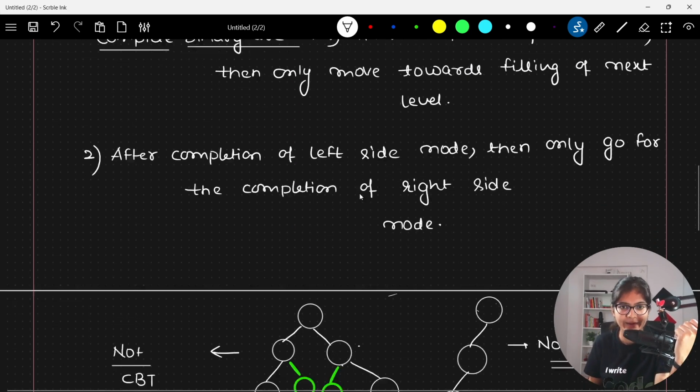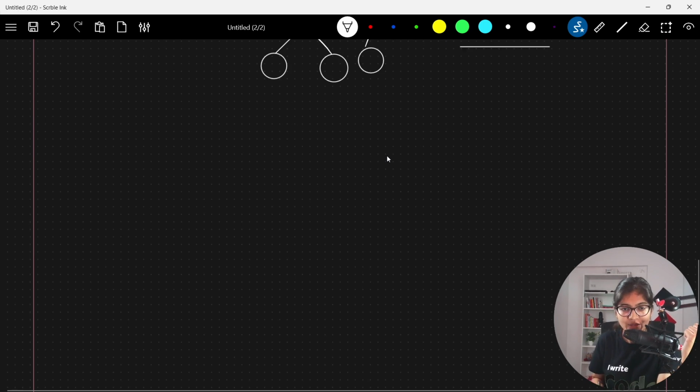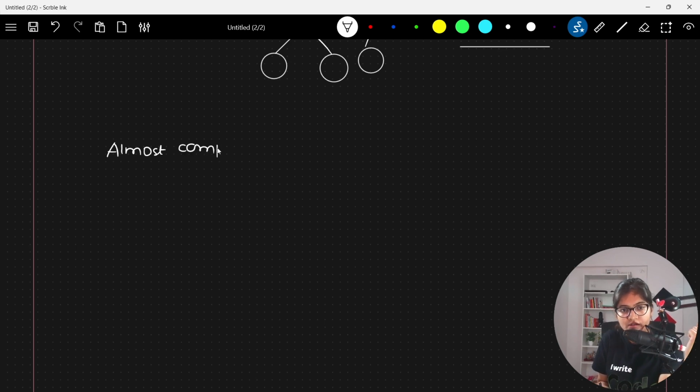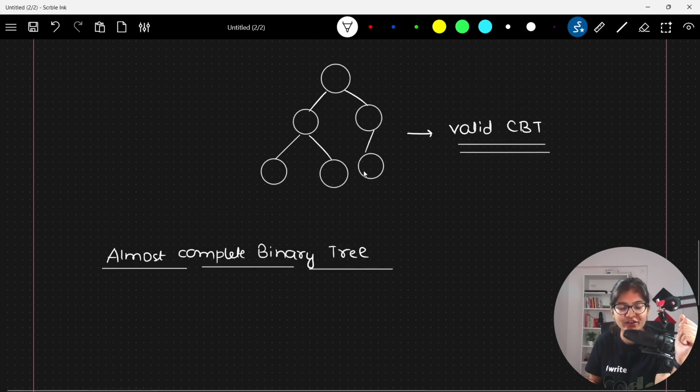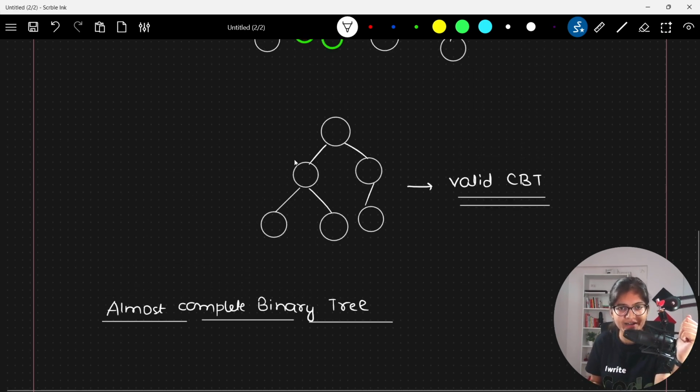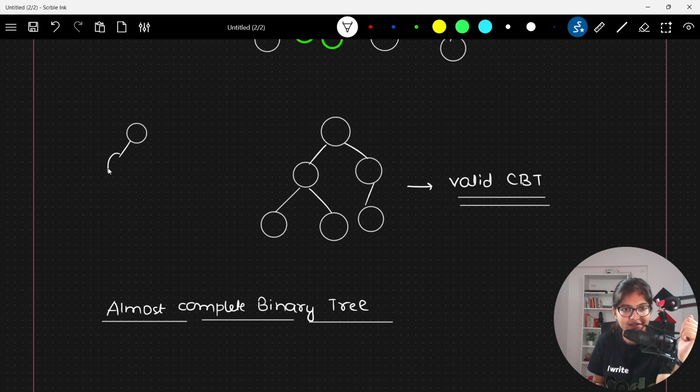Now there comes a concept called an almost complete binary tree. Here, this is also a valid CBT, and then this is also a valid CBT, like this, right?